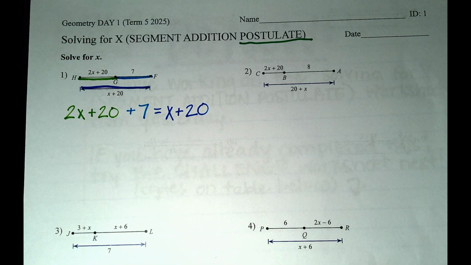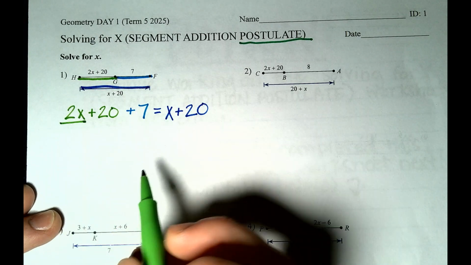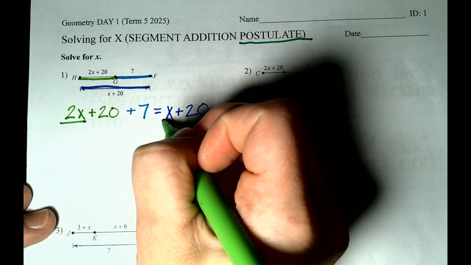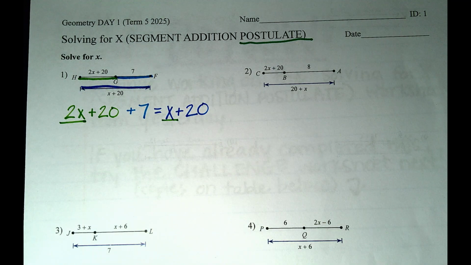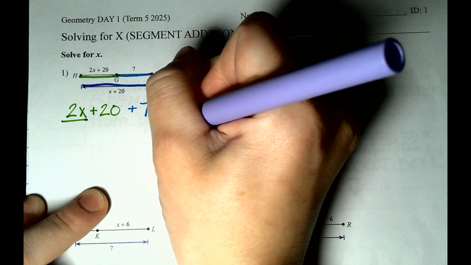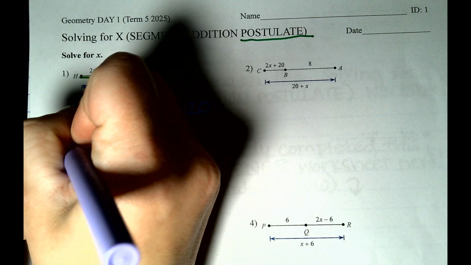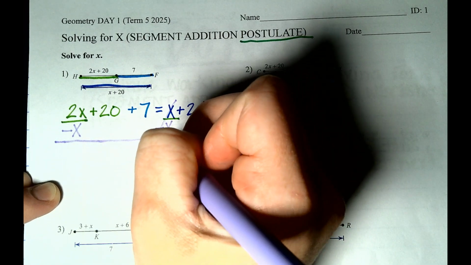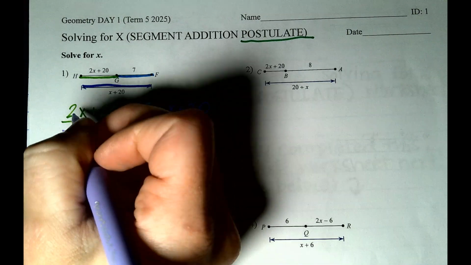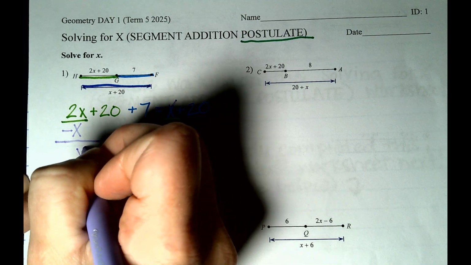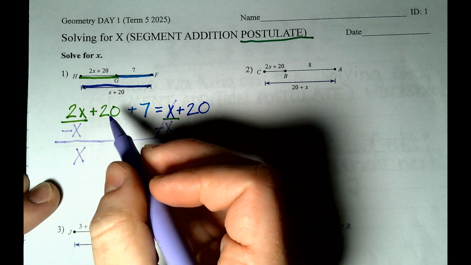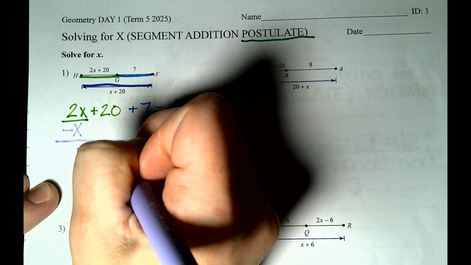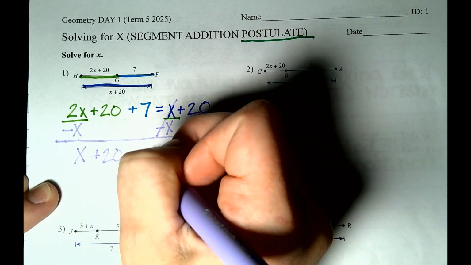So I have a 2x on this side of the equal sign, and then I also have an x. How could I combine those? Yeah, let's subtract x from both sides. That way we don't have to have a negative x. Save us a little work later down the road. So those will cancel. 2x minus x will leave us with just x. We'll bring everything down. Plus 20 equals 20.